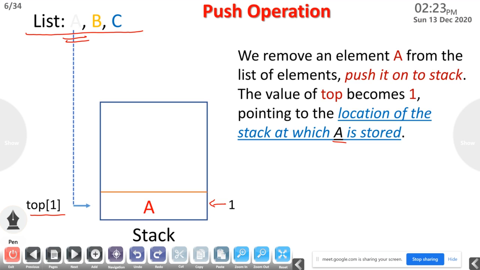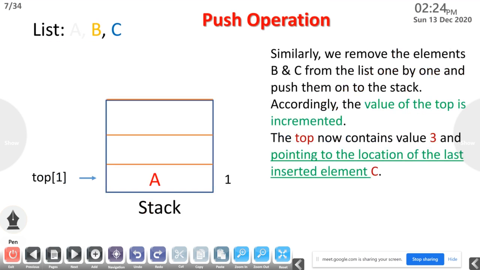We remove the element from the list and insert it into the stack. Okay. When we are inserting something, the first element will be moved down. So the first element that we inserted will be moved down in the stack. Then after inserting the first element, this is the position.